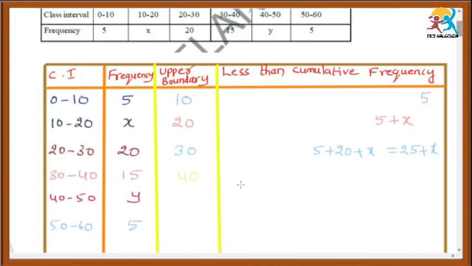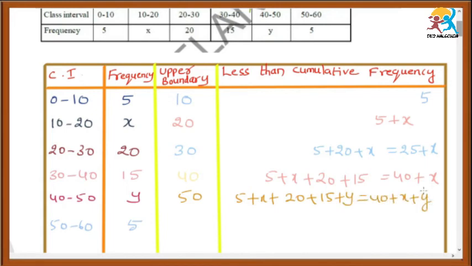So we have to add 5 plus x plus 20 plus 15, that is equal to 40 plus x. The next upper boundary is 50. So the number of students who got below 50 marks is, all these students got below 50 only. So 5 plus x plus 20 plus 15 plus y, that is equal to 40 plus x plus y.